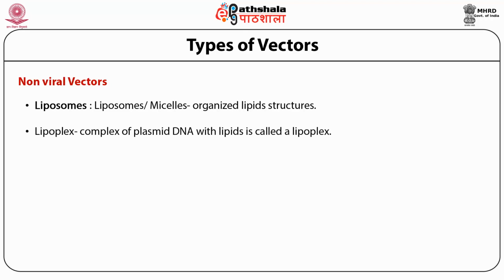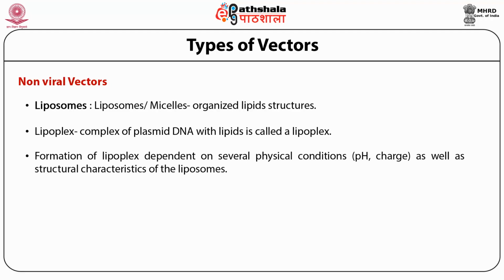So the plasmid DNA is basically enclosed in these liposomes, and the complex formed by these two components is known as lipoplex. Formation of lipoplex is dependent upon several physical conditions like pH, charge, as well as structural characteristics of the liposomes.